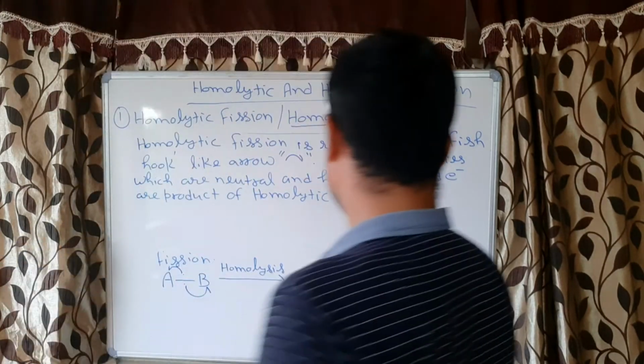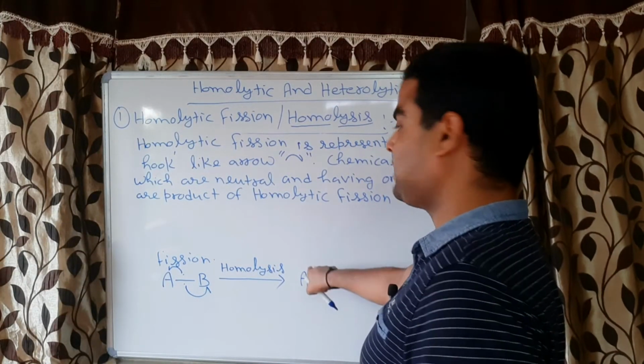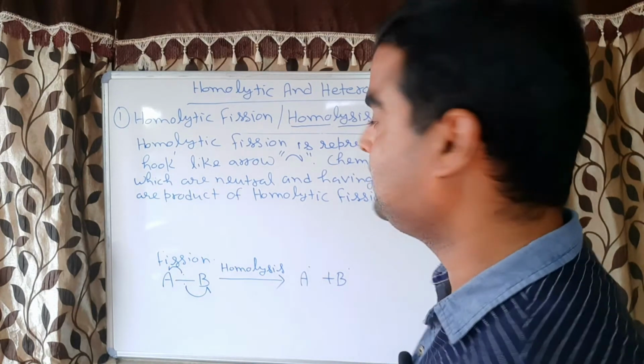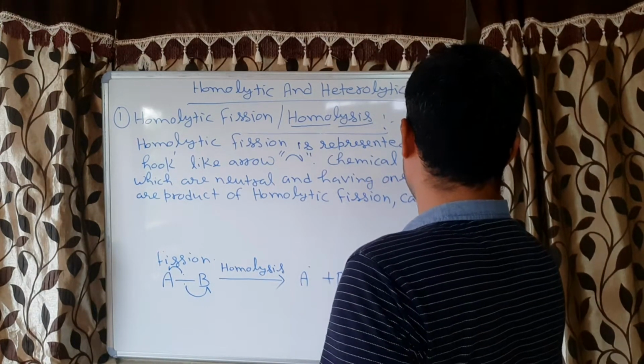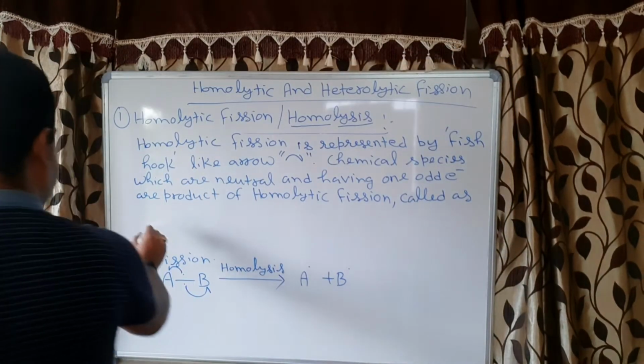Now you can see this is neutral, as I have told you, and having the odd electron. So it is called free radical, and called free radicals.